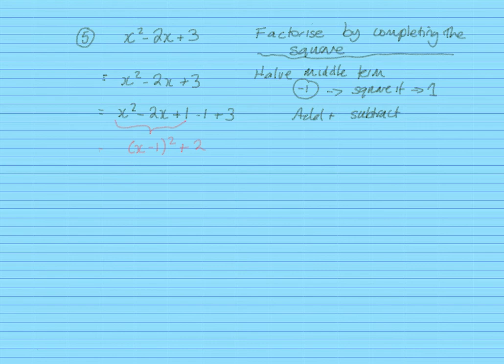So we should recognise that this is actually not a difference of two squares. It looks like one, but it doesn't have the negative, and so it can't be factorised. And because of that, we have to look at our options for the multiple choice, and the answer is E. Can't be factorised.